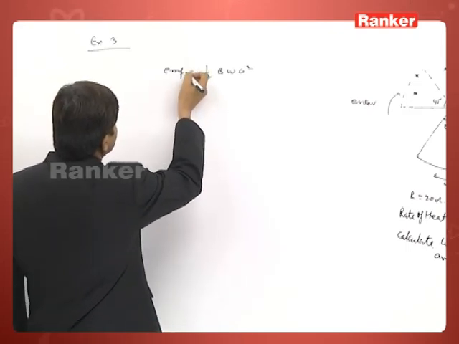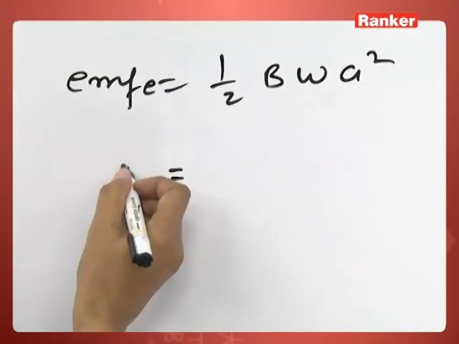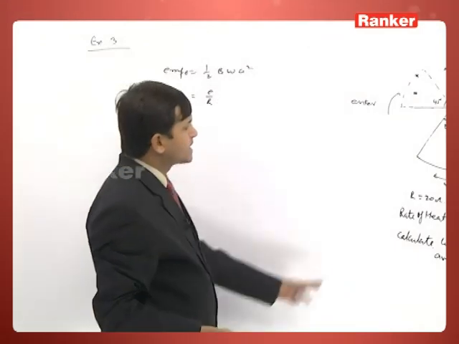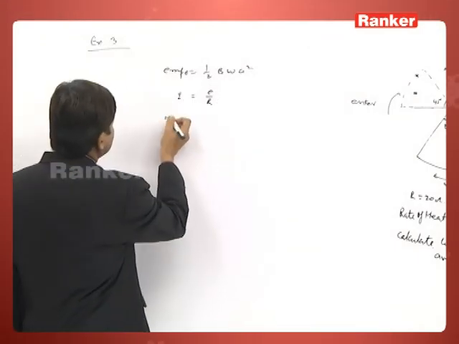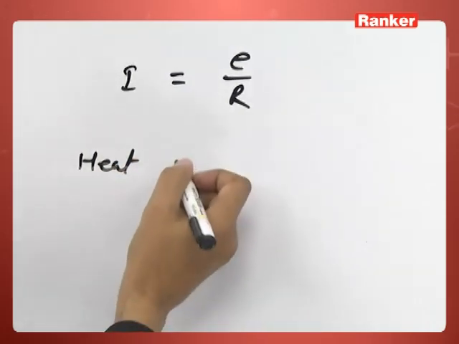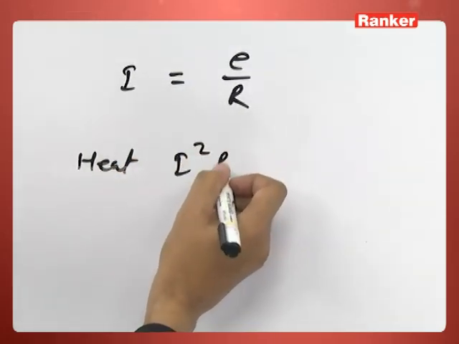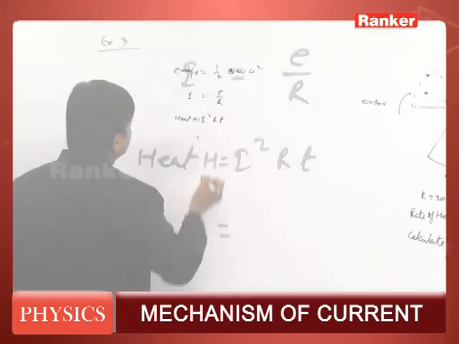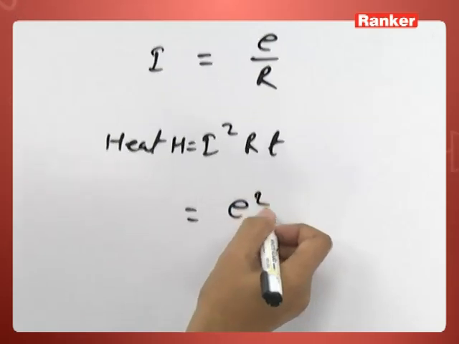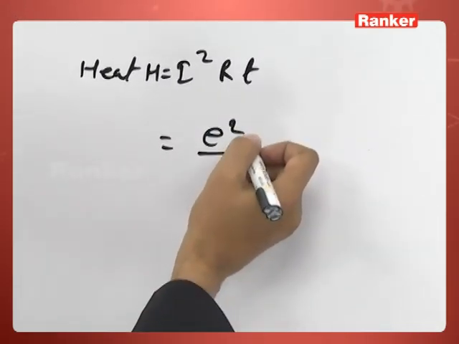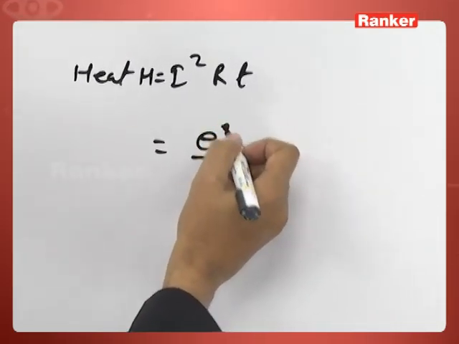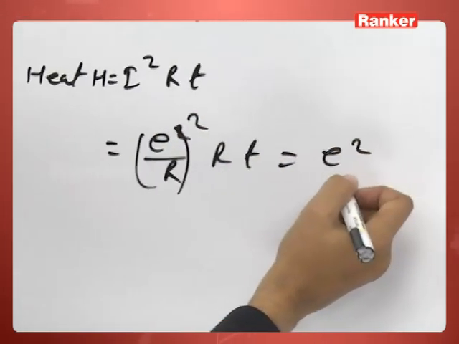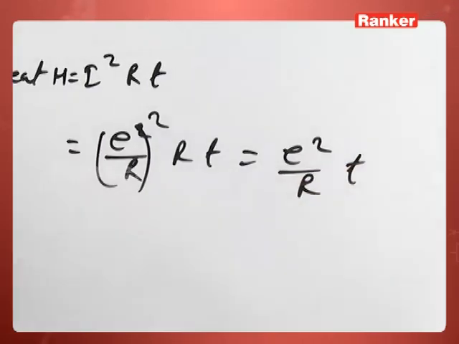Let that be E. So current I is E by R. So the heat is I square R into T. Now I square means E by R whole square, into RT, or E square by R into T.